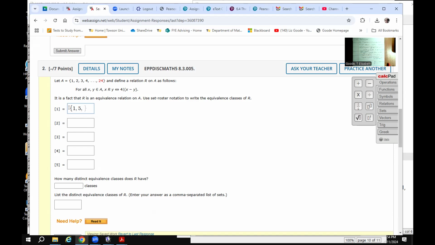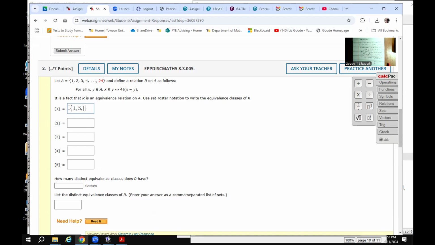All right. What about the next number that'll be related to 1? It will be in the equivalence class of 1, or the congruence class of 1. Would it be 9?